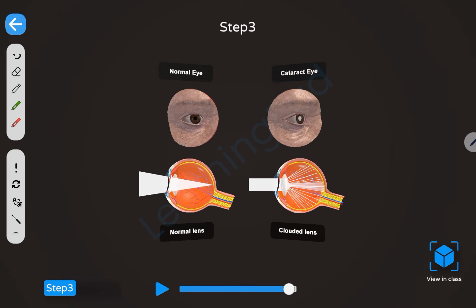But in a cataract eye, the lens becomes clouded, and the light coming from the object doesn't enter into the eye clearly. So there is a loss of vision, right? Then the persons are said to have cataract. Sometimes it becomes extremely severe and they lose their sight also. It is possible to treat this defect by removing the opaque lens and fixing a new one.